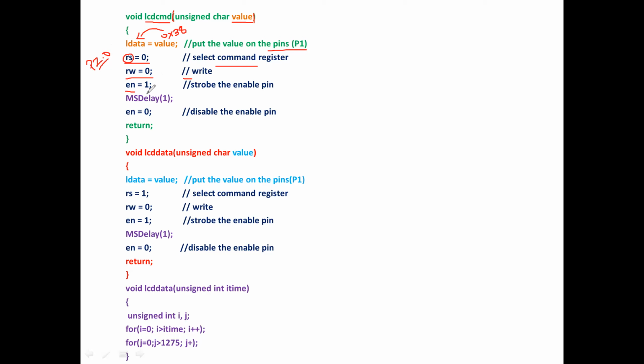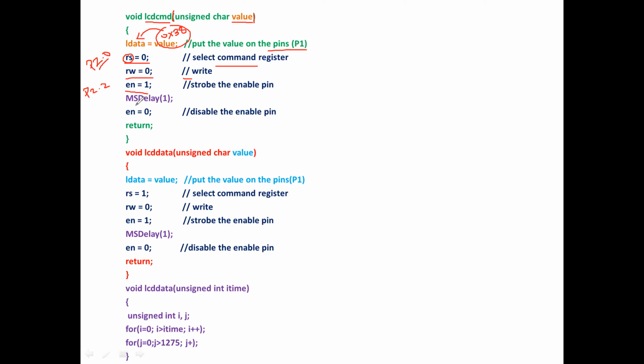Once you enable, enable equal to 1, that is the port 2.2 pin is 1, it is enabled, and this pin is connected to the enable pin of the LCD. Once this pin is 1, whatever data or command is on the bus line, that will be taken. We have 38, and that will be taken to the LCD. So now the LCD is commanded with the 38 instruction.